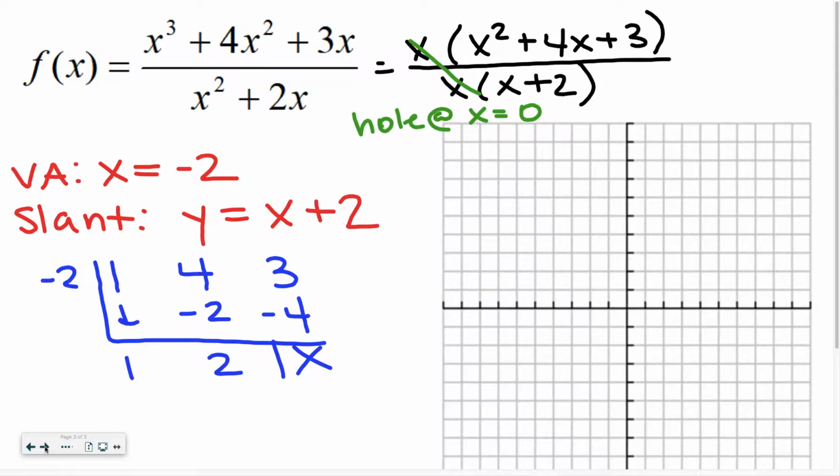We crossed it out. So we have a hole at x equals 0. We identified then our vertical asymptote to be at -2. We performed our division with our simplified version to get y equals x plus 2. So go ahead and take some time for me and graph those two asymptotes, please.